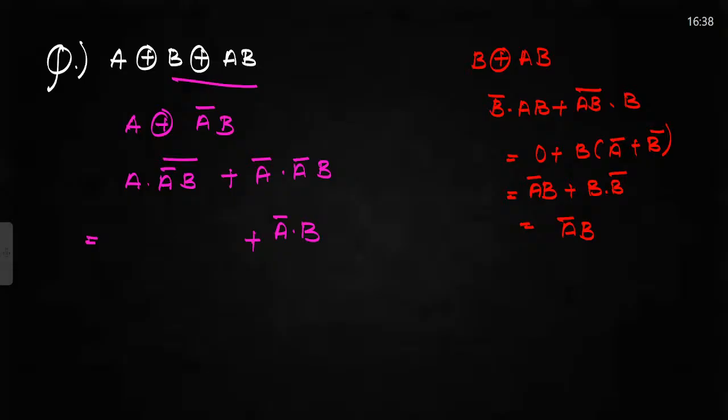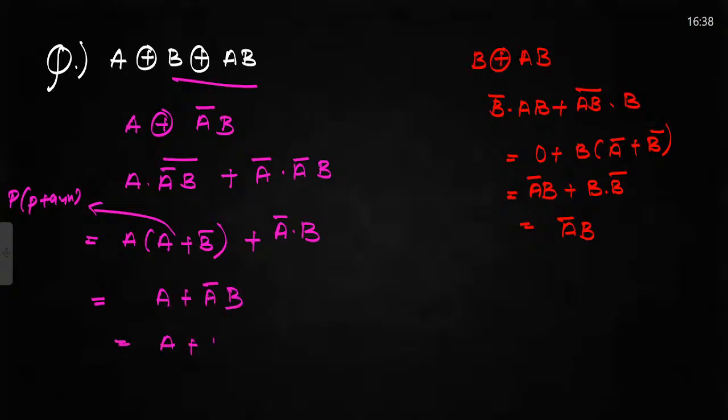Now this one, A of A plus B bar, so you get A plus B bar. Now A into A is A. Here we can apply the P plus P bar Q formula, then you will get A plus B.